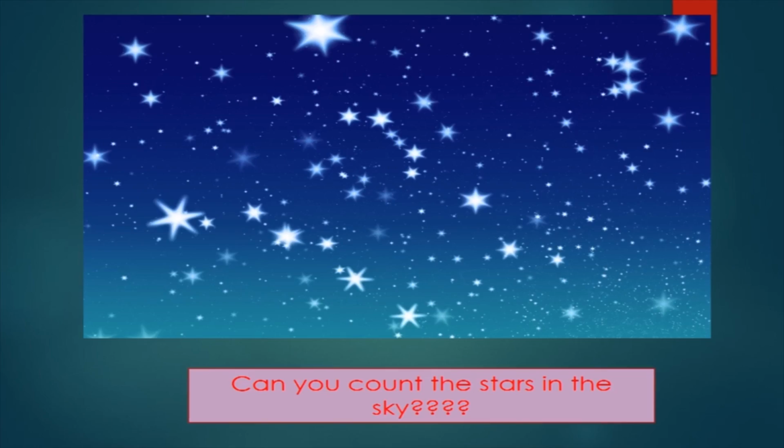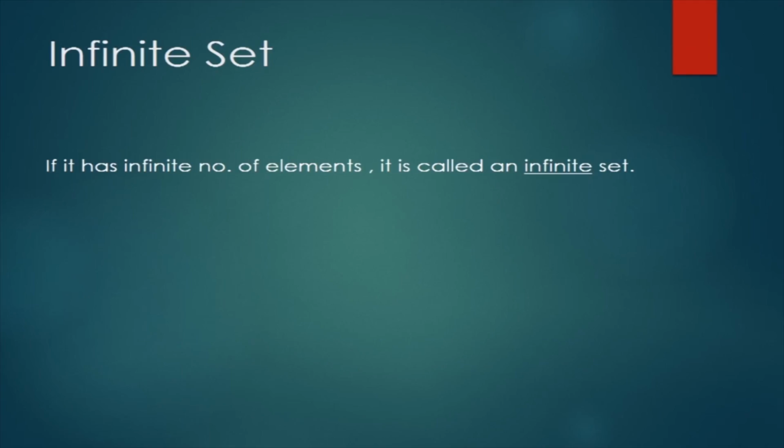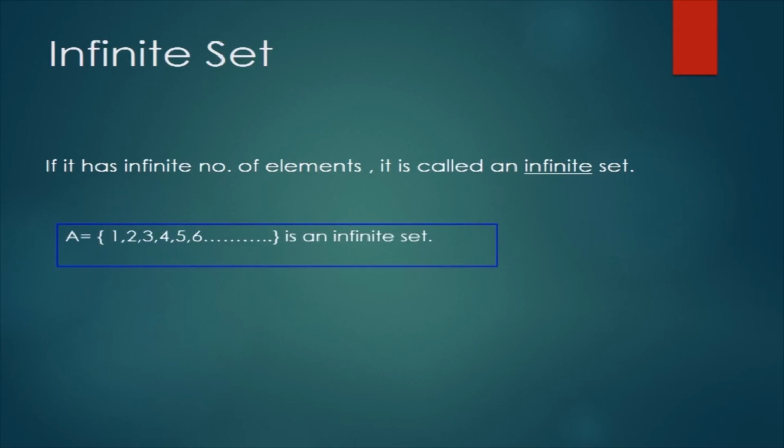Can you count the stars in the sky? No, as these are uncountable. So, a set having infinite number of elements is called an infinite set. A = {1, 2, 3, 4, 5, 6, ...} is an infinite set.